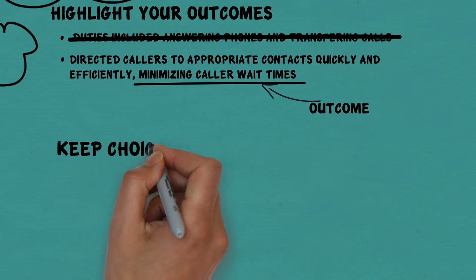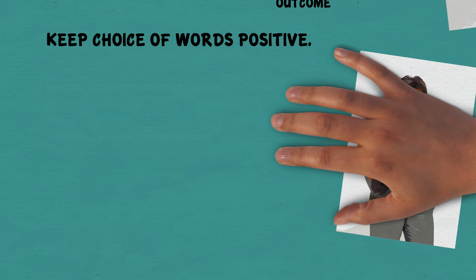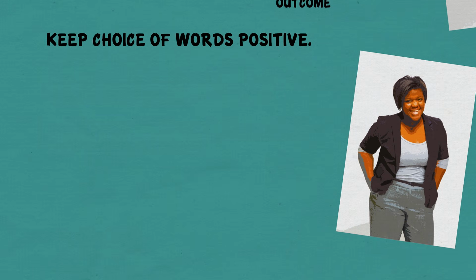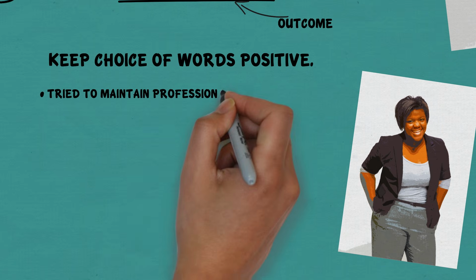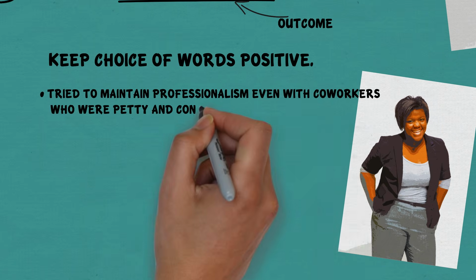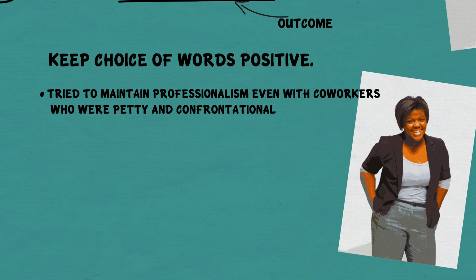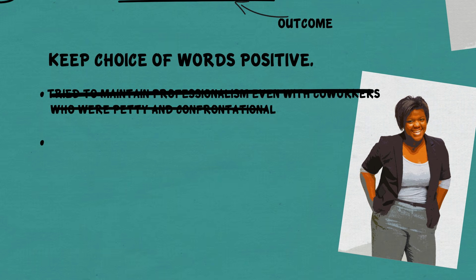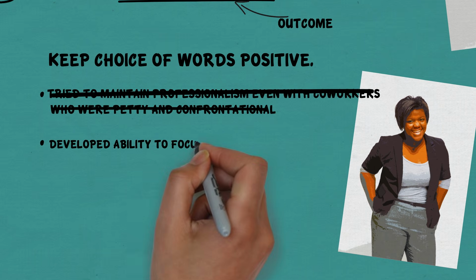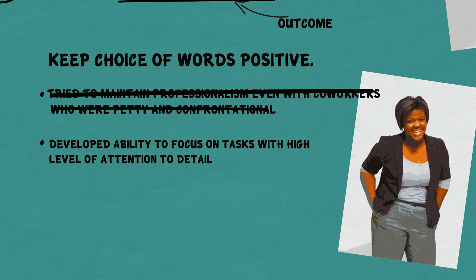Finally, keep your choice of words and descriptions positive. This will help them imagine you as a positive person. Instead of saying, "tried to maintain professionalism even with coworkers who were petty and confrontational," maybe another way to describe the situation would be, "developed ability to focus on tasks with high level of attention to detail."